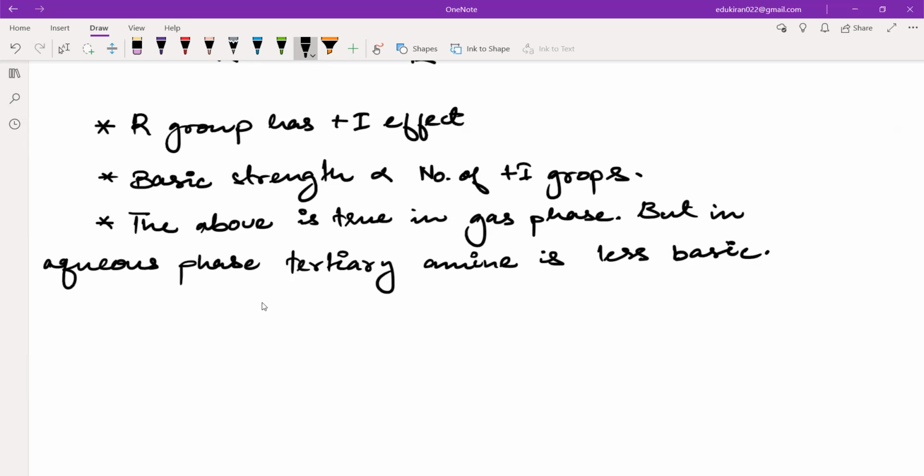Okay. So if I talk about the order, let us take two examples of methylamines and ethylamines.